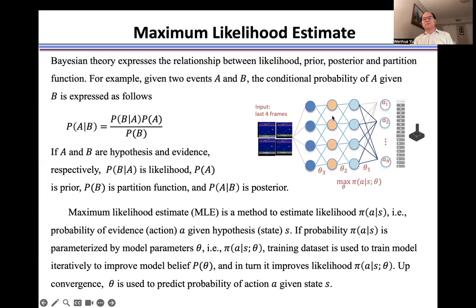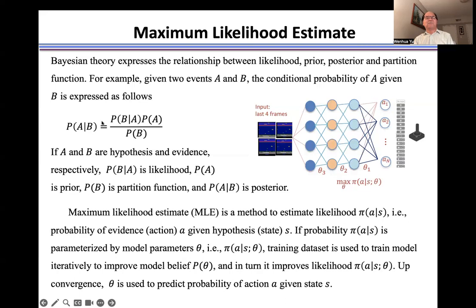Once we get the convergence of the model parameters, we use a new state as an input to the model. The model can accurately predict the probability of the action and receive the maximum reward. That's the maximum likelihood estimate.